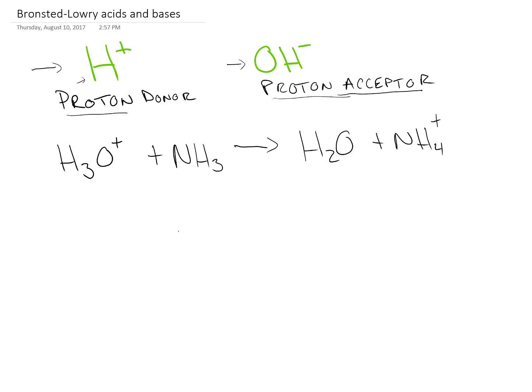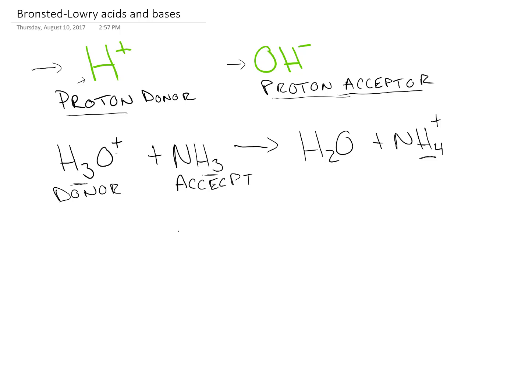We don't have hydroxide, but we have an acid, something with an extra proton. That's why we have that plus sign. And we have something that can accept. If we look over here, we now have an extra proton where we don't have one here. So we've gained a hydrogen. So this guy is our acceptor. And this is our donor.